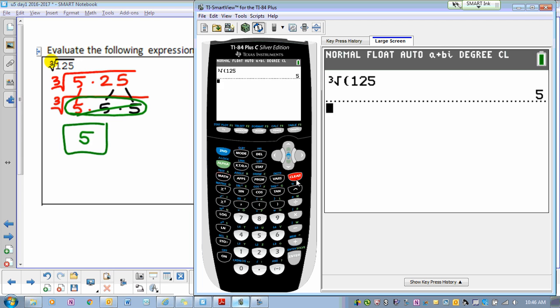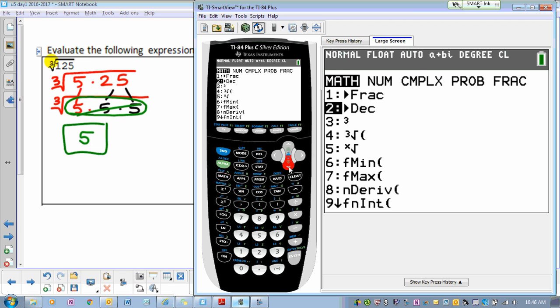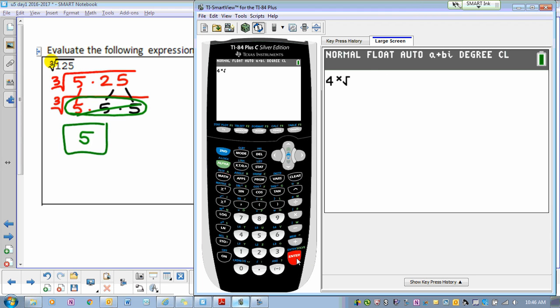You have to make sure you put your root number first. So we're going to put 4, and then we're going to go to math, and then we're going to go down to 5. Okay? Because then now I told the calculator, okay, I want the 4th root. Does that make sense? And then 144. Oh, nope, I got a decimal.